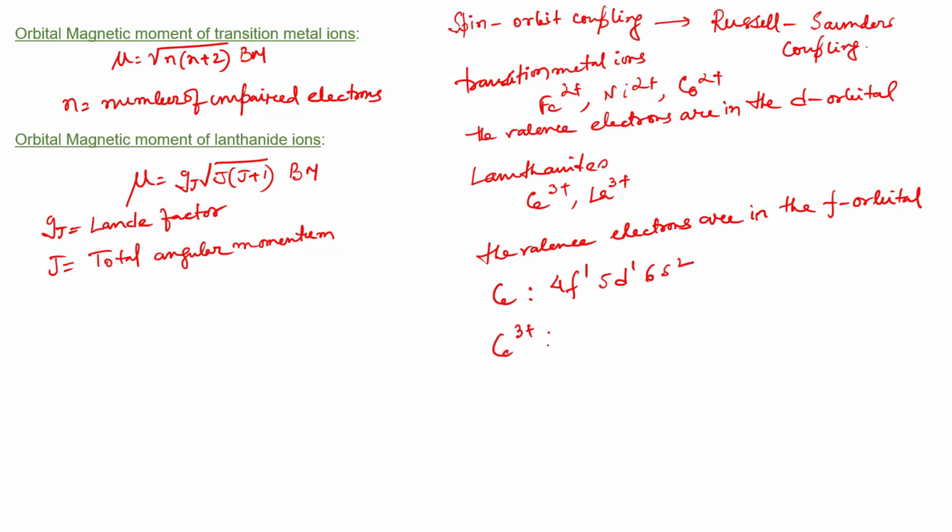Thus cerium 3+ is 4f1. If you draw it, the electron is here. So this is the f orbital. These are ml values.